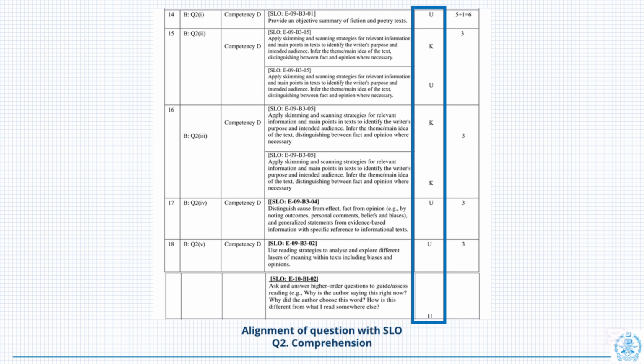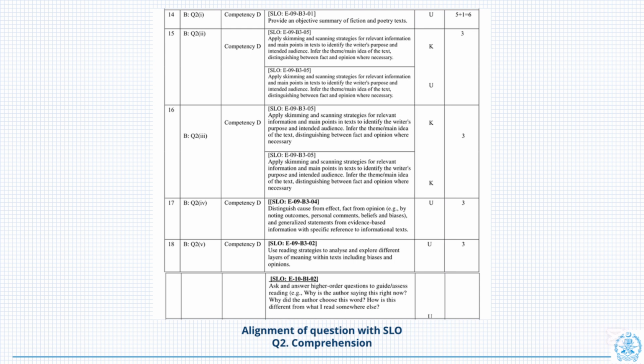Cognitive level for each question is explicitly mentioned, highlighting the type of thinking required: knowledge, understanding, and application. For instance, Section B, Question 2, Part 2 is at the understanding level, requiring students to apply skimming and scanning strategies to infer the main idea and distinguish between fact and opinion.